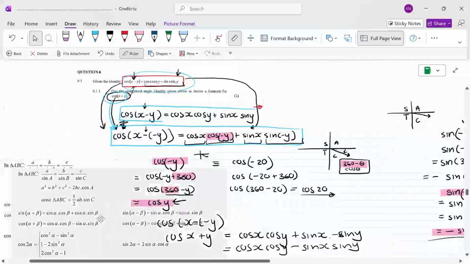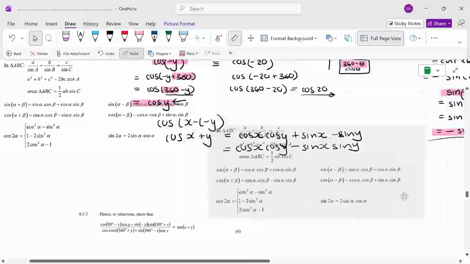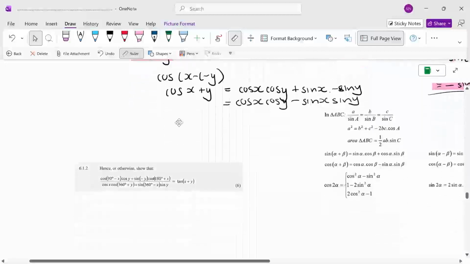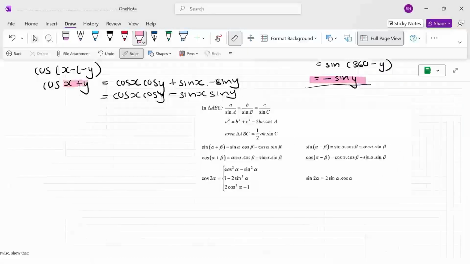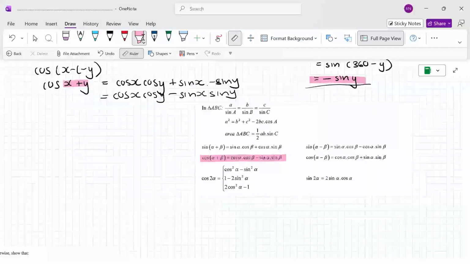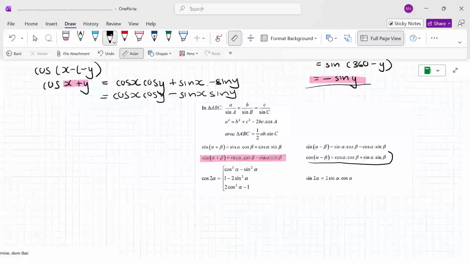Yes, our formula sheet says that if I have cos of something plus something, it's going to be equal to cos of the first angle, cos of the second angle, minus sine of the first angle, sine of the other angle, which is what we used this trig identity to get to.